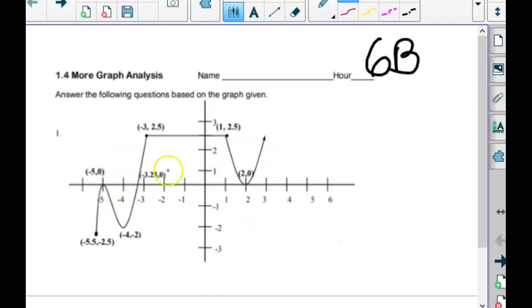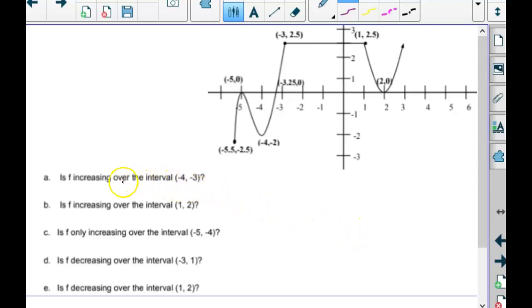All right, so this is the graph. It's kind of crazy. We're supposed to do, I think, yes or no for the first few here. Is the function increasing between -4 and -3?